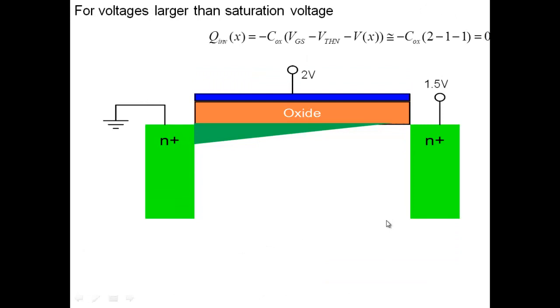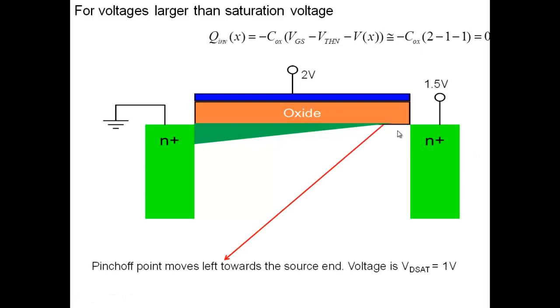Now, what happens if I apply something larger than the saturation voltage? Right? So saturation or pinch-off was occurring at 1 volt. Now I have applied 1.5 volt. What happens then? Note that the pinch-off point, the place where I'm saying Q inversion goes to 0, moves towards the left here.